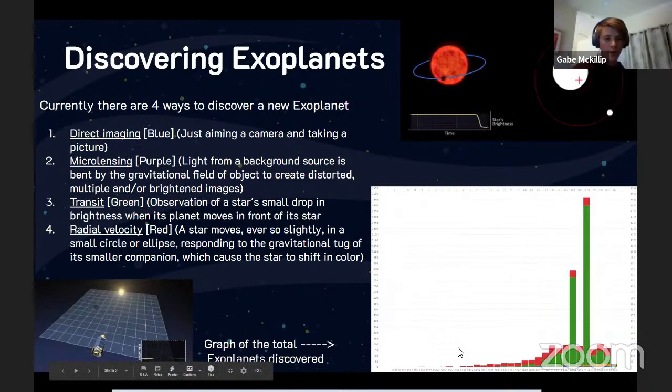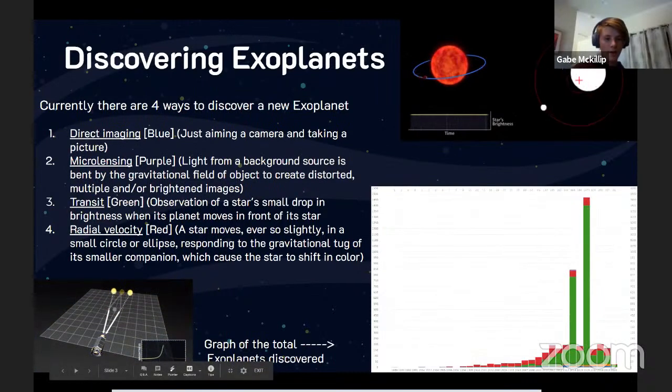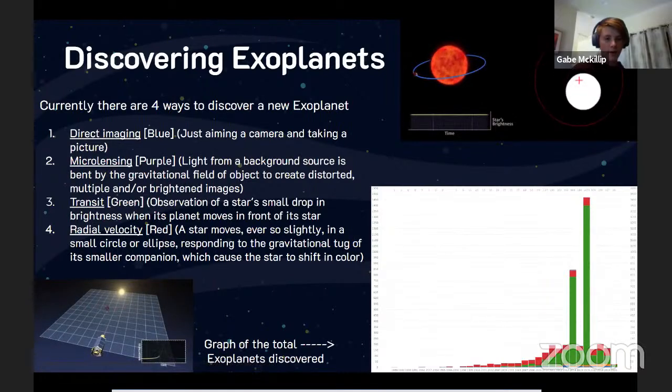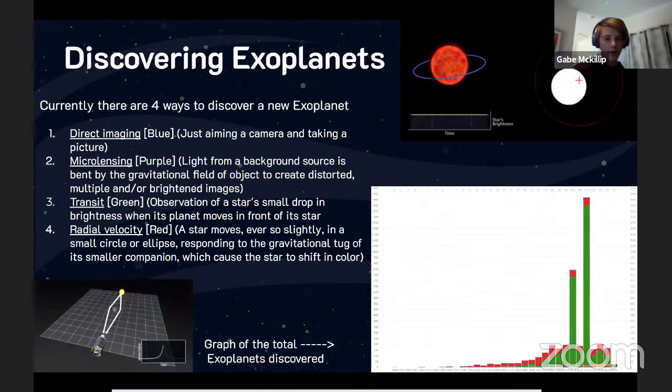Microlensing is basically when you have light from a background source. It's bent by the gravitational pull of something like a planet, and then the images of that light source become distorted, bent, or maybe even given multiple pictures of the source.